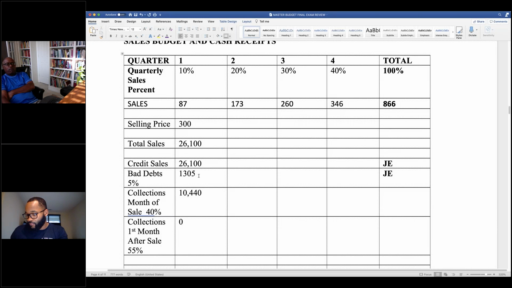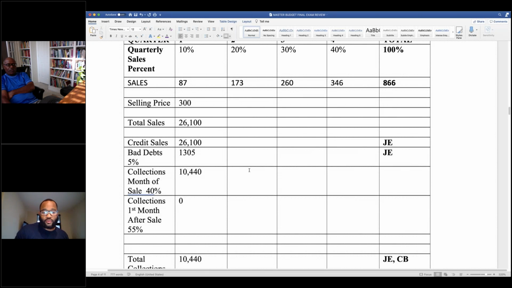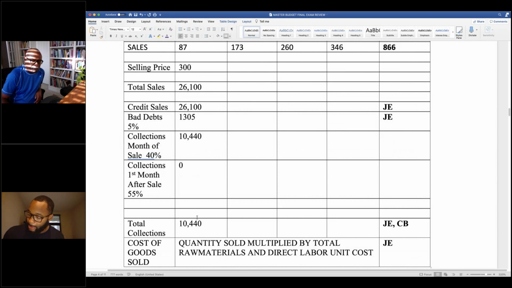How do we get 10,440? It's 40% of the credit sales. So that's how we get 10,440.